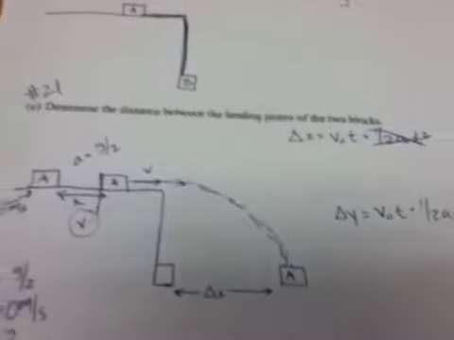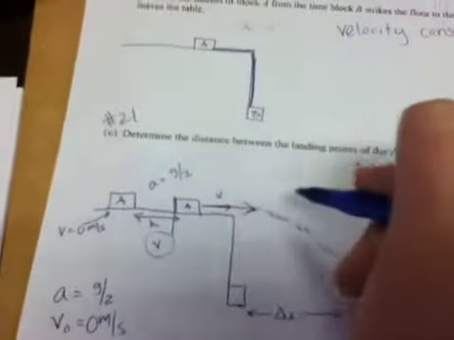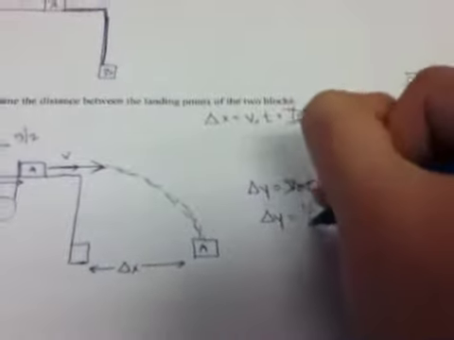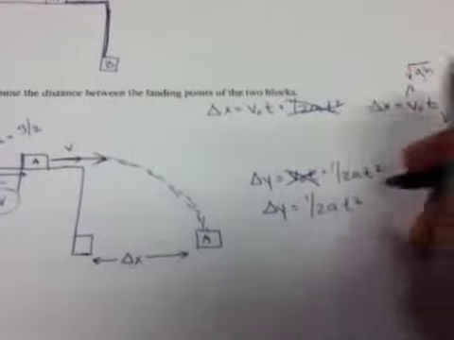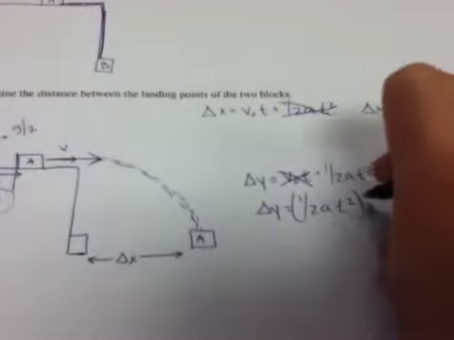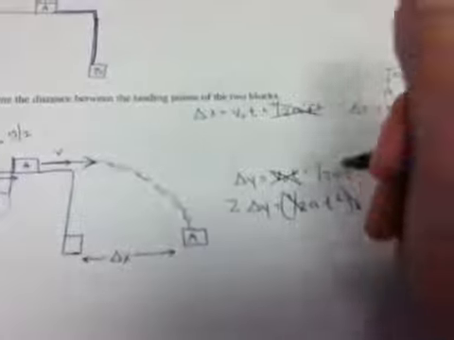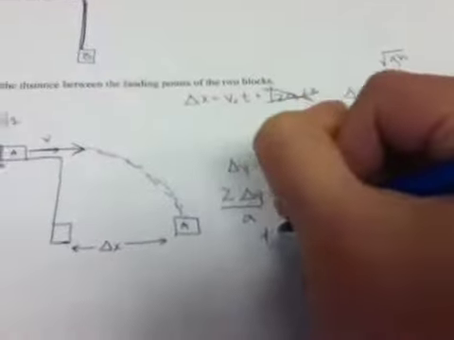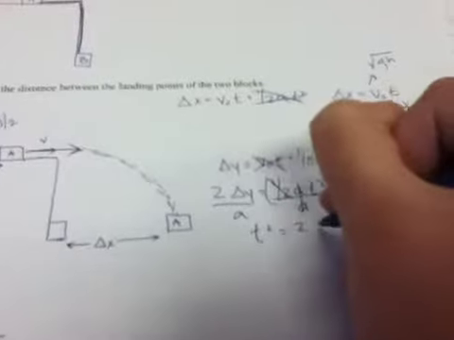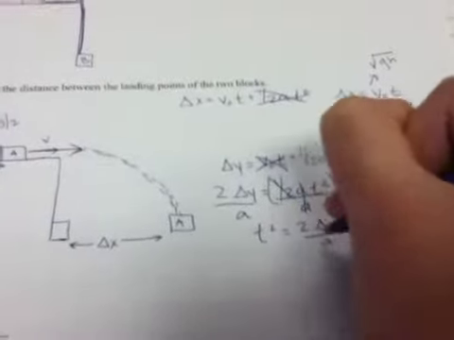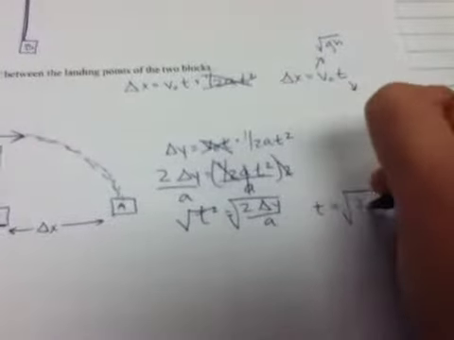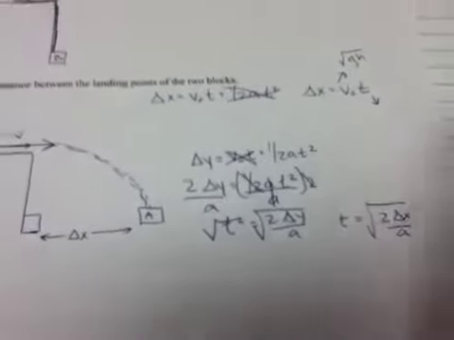Because this is going off horizontally, we don't have any initial velocity in the y direction. So your change in y ends up equaling 1/2 at squared. You're looking for the t, so multiply both sides by 2, and then divide both sides by a. So you get t squared equals 2 change in y all over a. Square root both sides, and t is going to equal the square root of 2 change in y all over a.